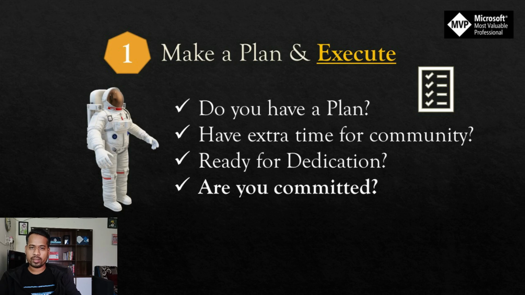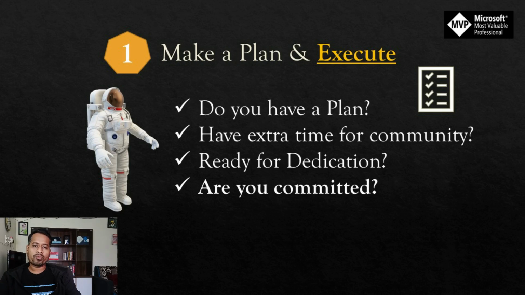Are you ready for that? Next, this is the second question. The third question is, are you ready for dedication and commitment? Are you committed to it? If the answer of yours is yes for all of these questions, then you are one step more ahead towards this MVP award, right? So you should have a proper plan, daily plan for contribution. Next, you should have some extra free time.